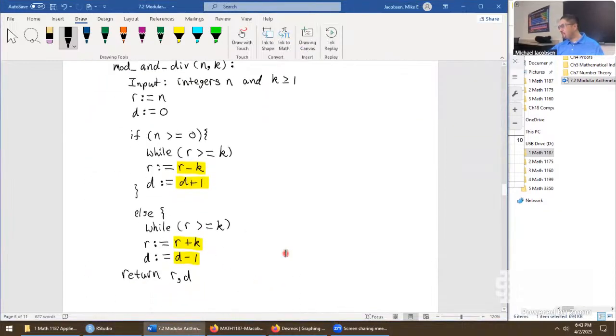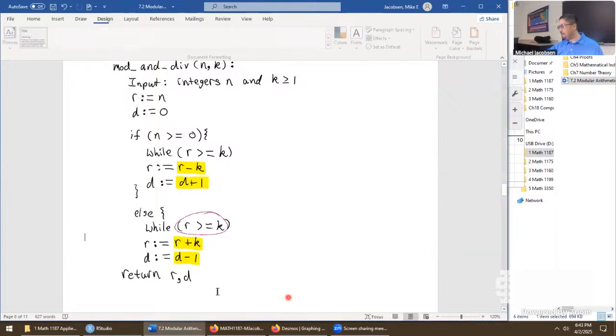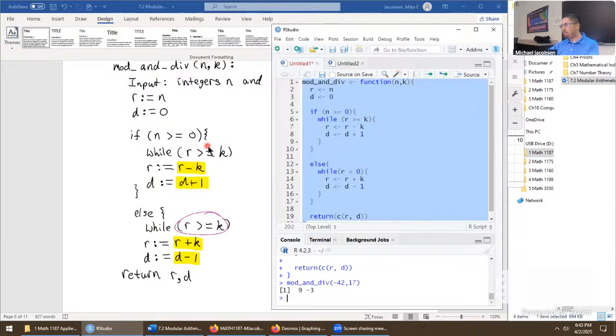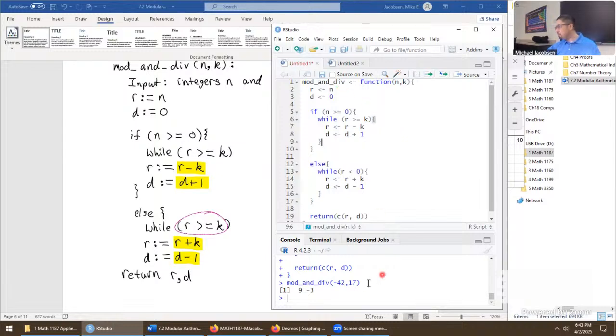The pseudocode had an error right exactly here. The fix was, I was just blindly copying the structure, R greater than or equal to K. But if N is negative, R itself is going to be negative when we start this out. It's initialized negative, right? When we threw in negative 42, R itself became negative 42.